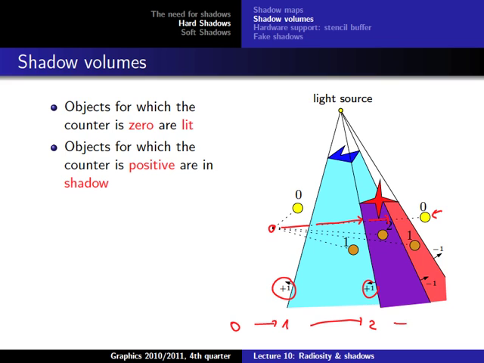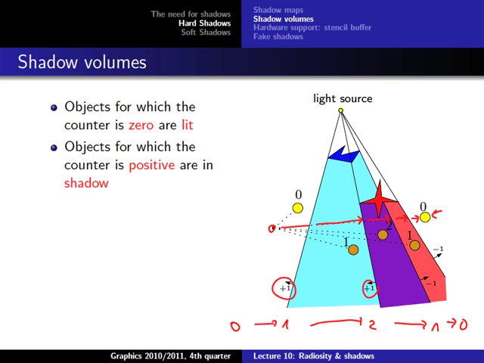So we decrease the counter. And then here again, we're having a back-facing volume, so we're exiting another shadow volume, so we again decrease our counter, and when we reach our object, the counter is 0. That means we entered as many volumes as we exited, which of course means we're not in the shadow anymore.